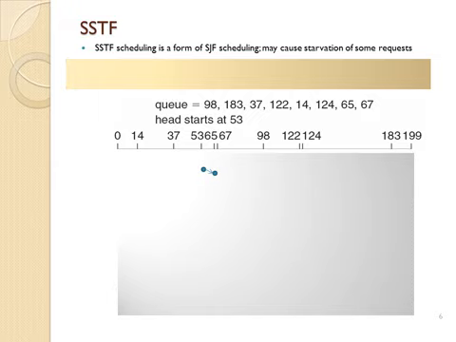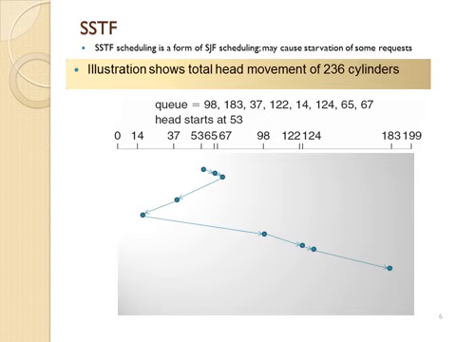But using our same queue that we had from first come, first serve, we can see that you start at 53, 65 is closest, then 67, then 37 is closer than 98, then 14, then 98, 122, 124, 183, and then the total head movement in this situation would be 236 cylinders.